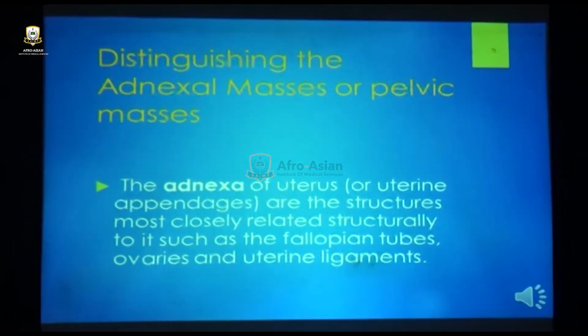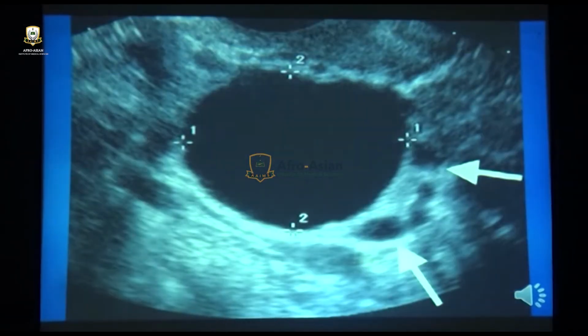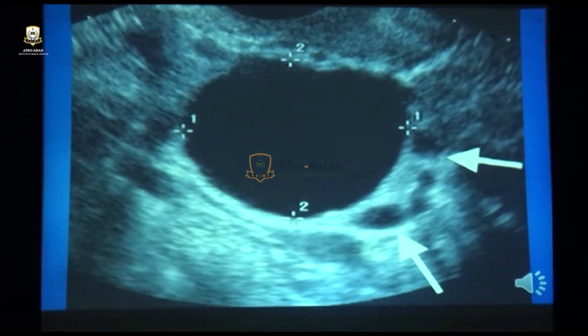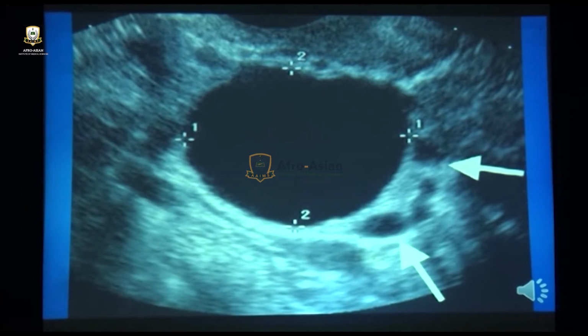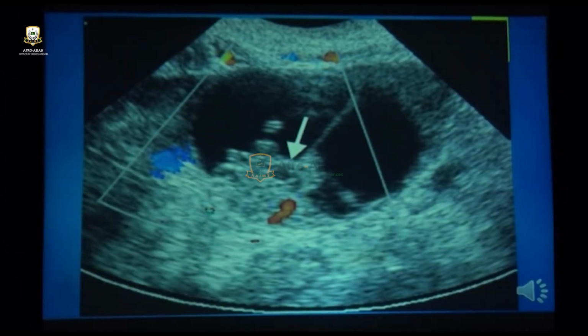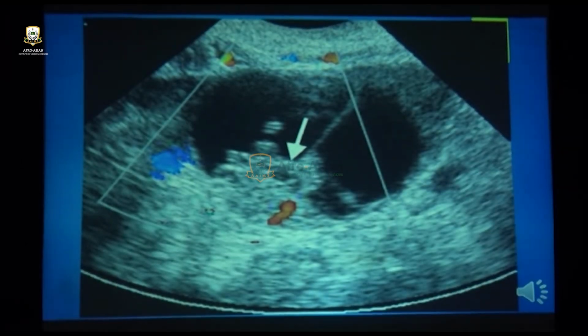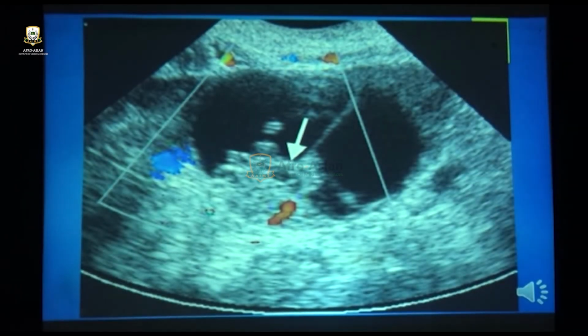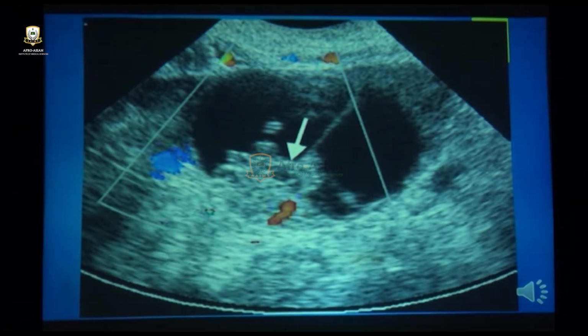You can see this one is the simple cyst. This is different. This one is a complex cyst in which you can see that there are septations and a fleshy component.